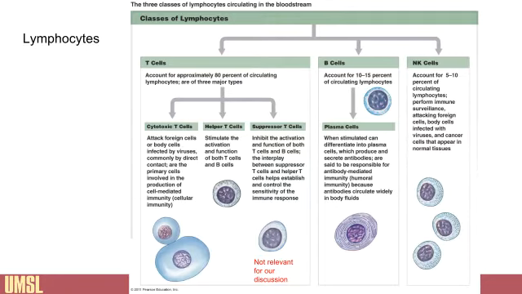Okay, so these lymphocytes that we're going to talk about are some of the most abundant cell types in your lymphatic system. T cells can account for 80% of circulating lymphocytes, and there are three major types. The two types that we're going to focus on that are germane to this course are cytotoxic T cells and helper T cells. And there are also suppressor T cells.